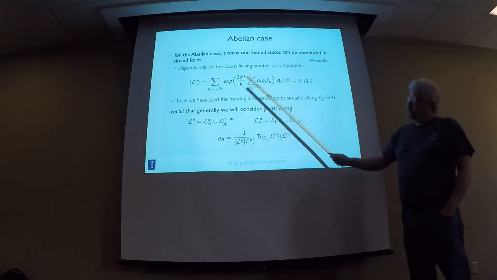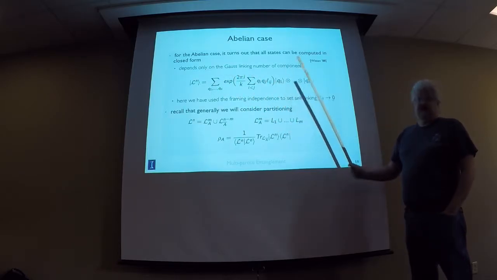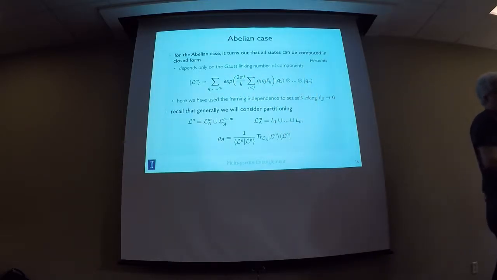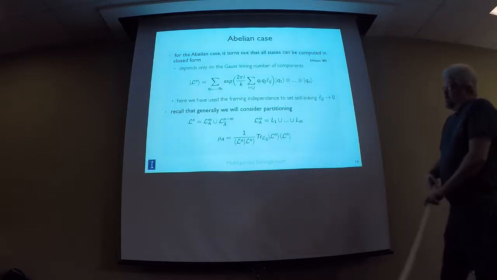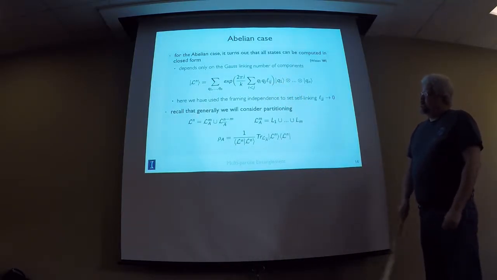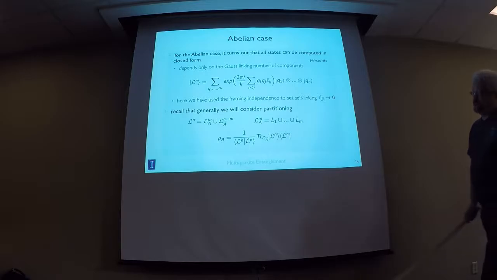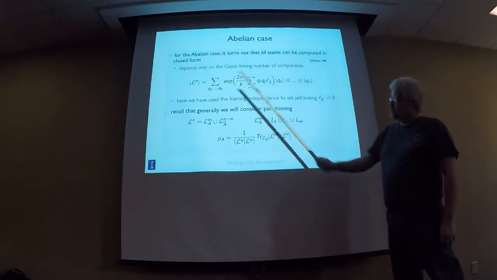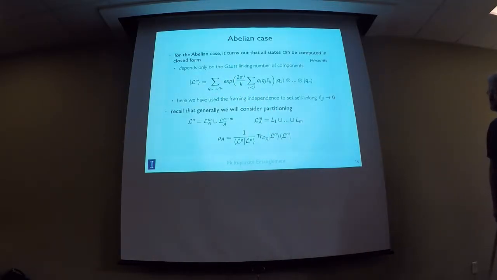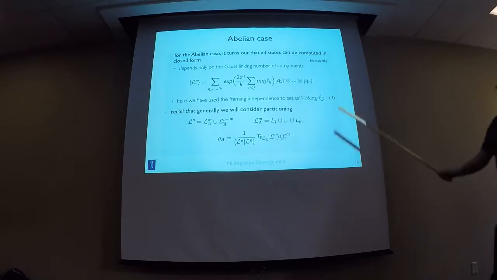The link state is determined entirely by what's called the Gauss linking number, and that's the obvious thing: if I have two loops that are linked, this is linking number 1. If it went around twice, it would be linking number 2, etc. I call that L_ij. So the state is just given by this.